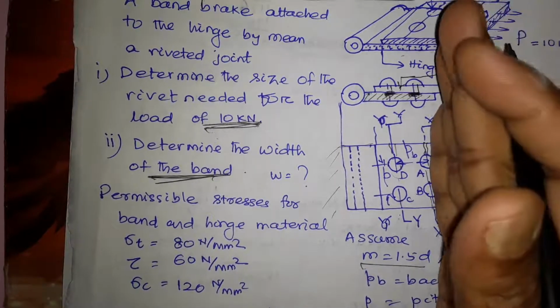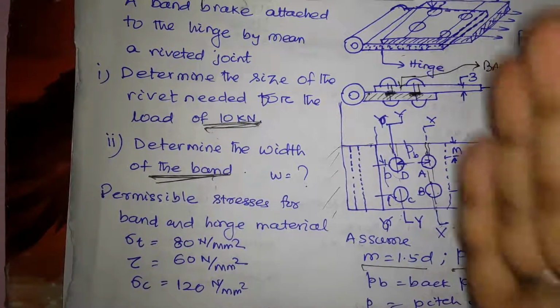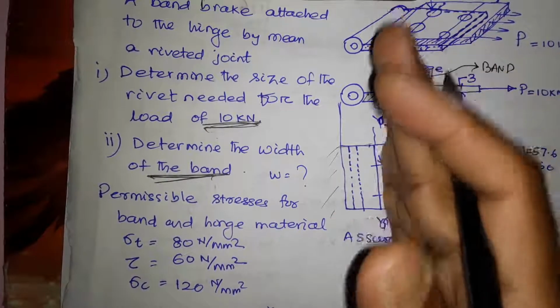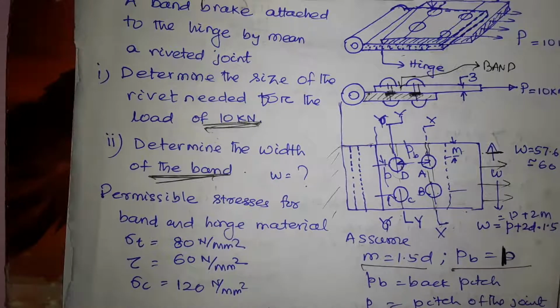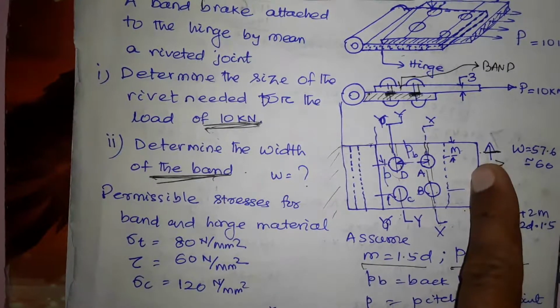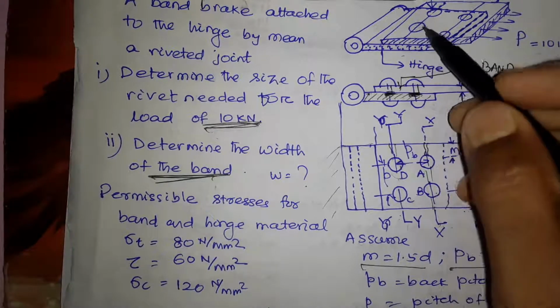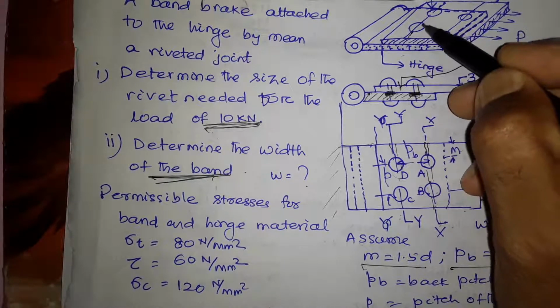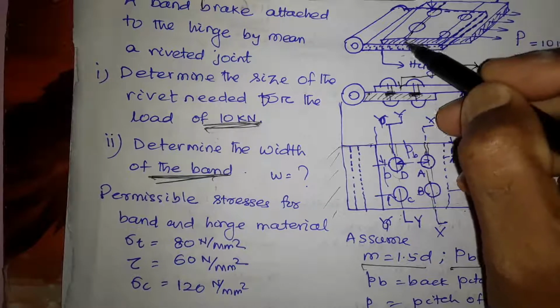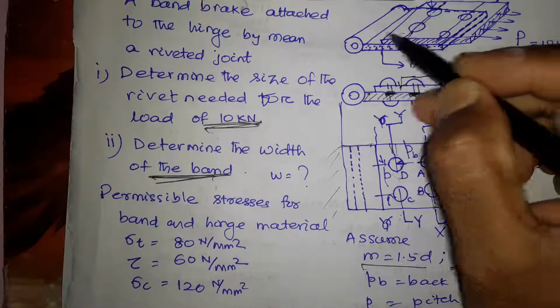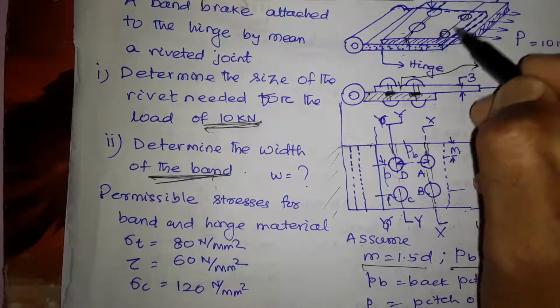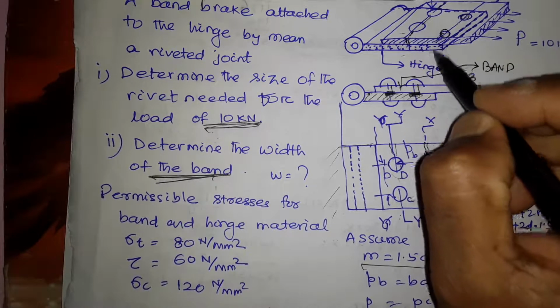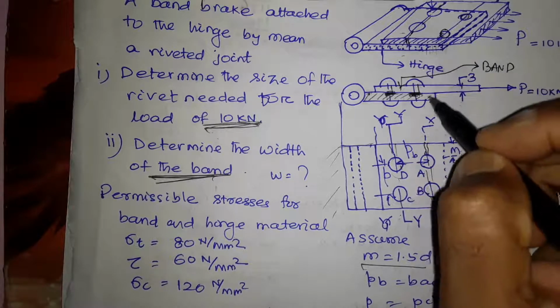So it may tear at this location and be completely separated, or it may tear at this location along with the front 2 rivets either shearing or crushing, because if it is tearing only at this location, it will not be completely separated. Because if you look at this figure, suppose the plate tears and gets separated, still it will be in contact, because the front 2 rivets are there to retain the band to the hinge.